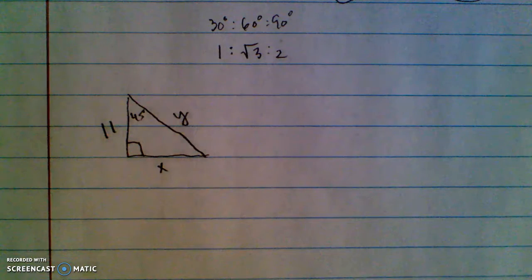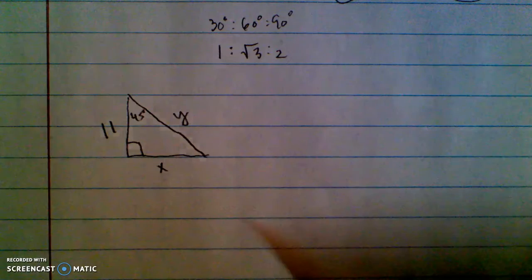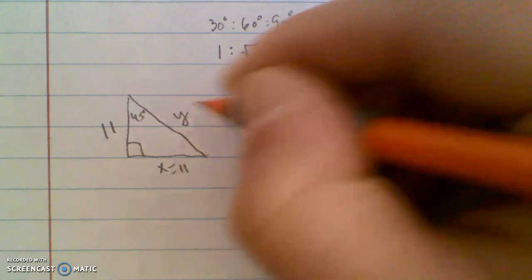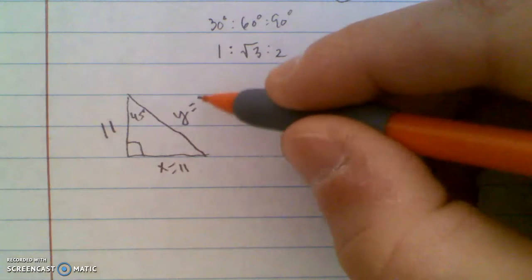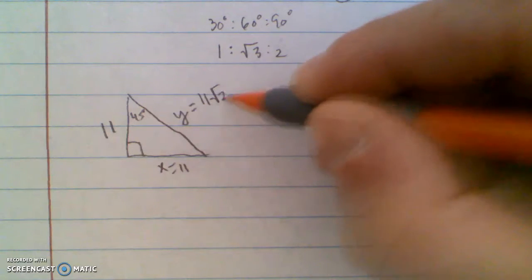X is 11. And we didn't exactly specify this, but what type of triangle will a 45, 45, 90 also be? Isosceles, right? So it's got two congruent sides. So X is 11. What will Y be? 11 radical 2.